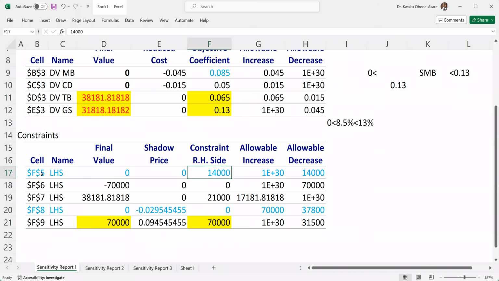Diversification mix 1 and 4. They are the ones I'm talking about. 1 and 4. So one is indicating a shadow price of 0, which means that by increasing the constraint, we don't get anything. And then 4 is showing a shadow price of -2, which means that by increasing the investment, we are losing. Yeah. Exactly.